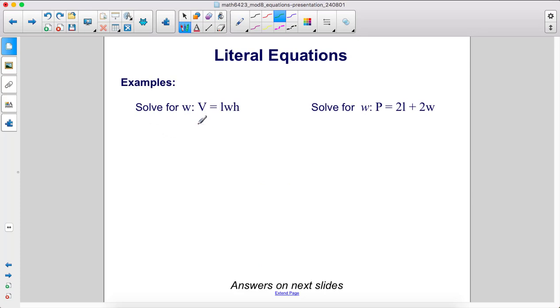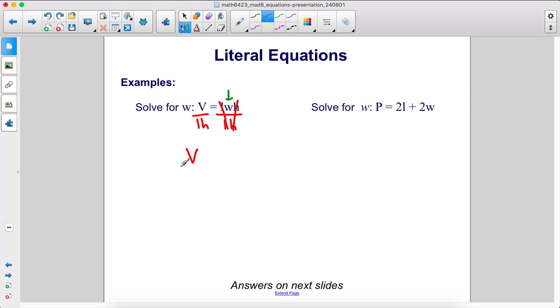Solve for w. So here we have v equals LWH. We want w to be by itself. So right now it's being multiplied by two other variables, L and H. So we're going to divide by L and H on both sides. And look over here, the L's will cancel and the H's will cancel.